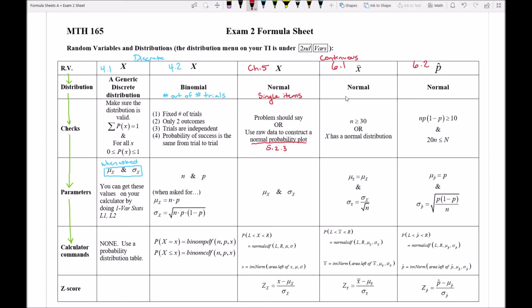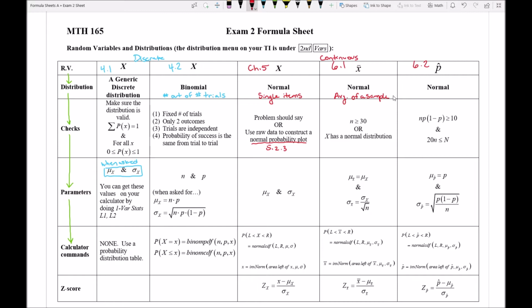Now, when we compare this to column 4, we're dealing with something more along the lines of the average of a sample. And so in this column, we're really asking questions like, how long is the average lifetime for 20 light bulbs? Or what is the average exam score for 30 students?